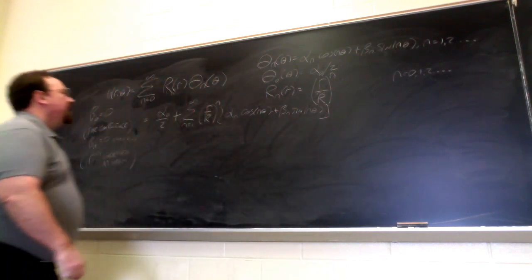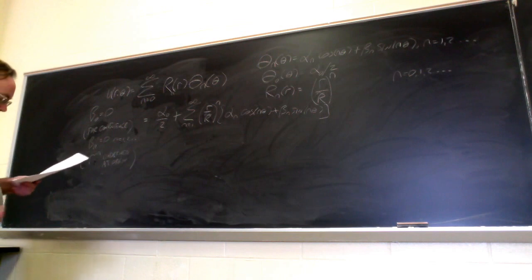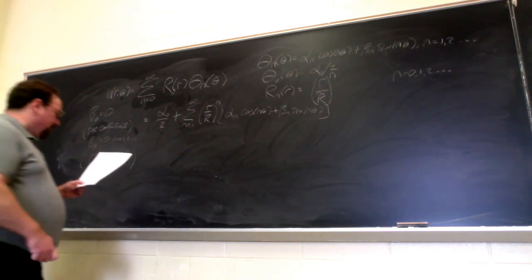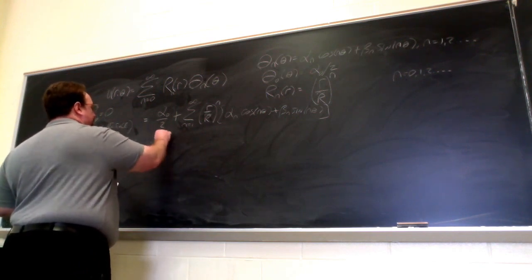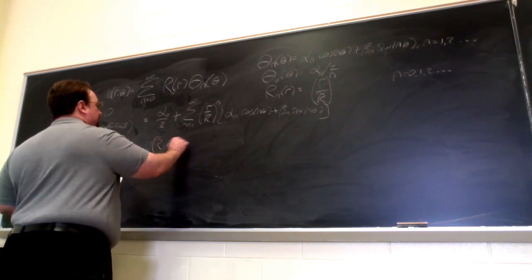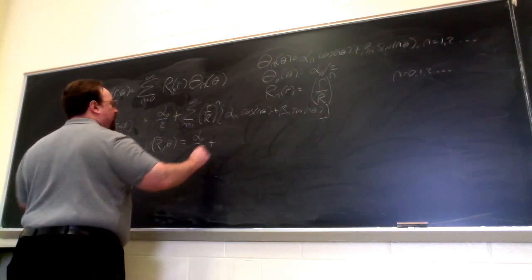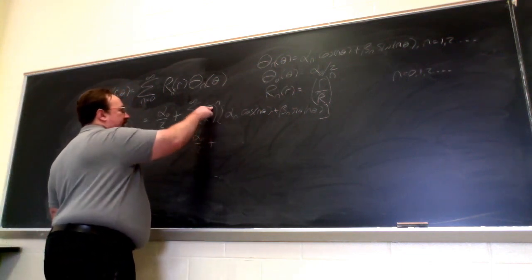Now I have my solution. I just need to find my alphas and betas, and then I'm done. I'm going to substitute little r equal to big R tilde. So this will stay the same, and what's going to happen in here? That goes to 1, so these will cancel.